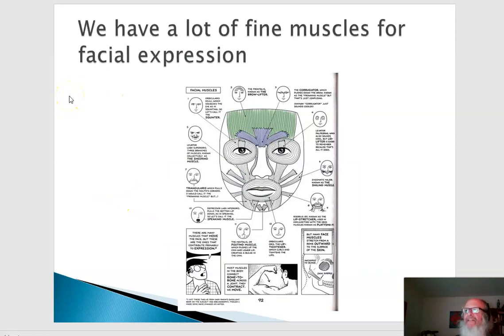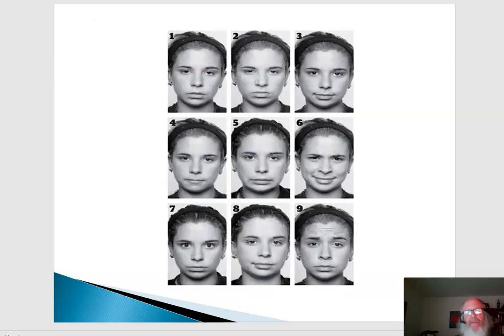We have a lot of fine muscles that are involved in facial expression. And so the fact that we've got so many itty bitty muscles and we've got to some degree conscious, but not completely conscious, control over them.